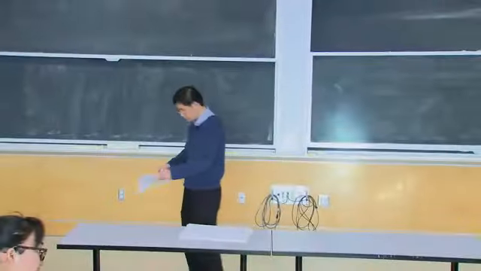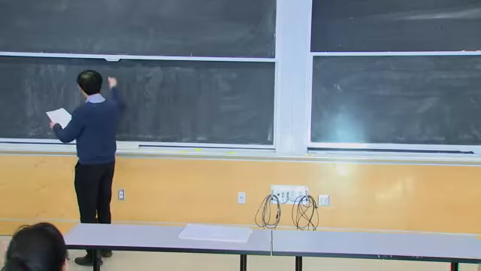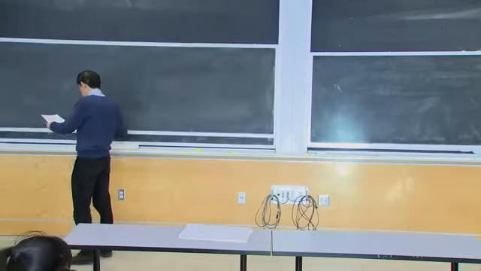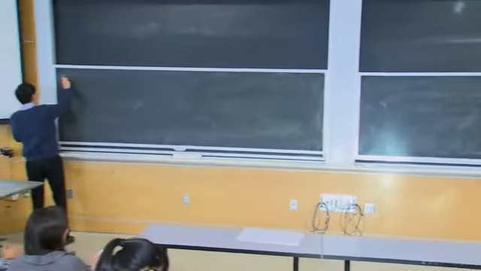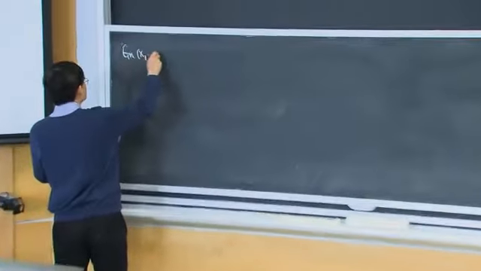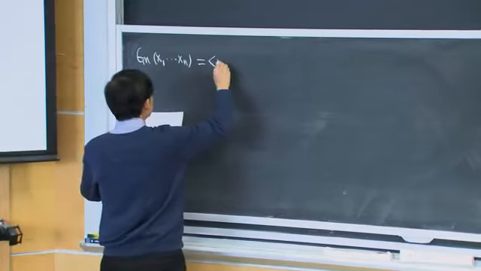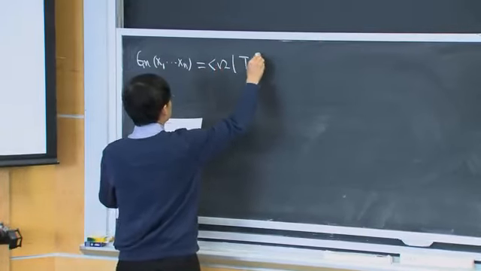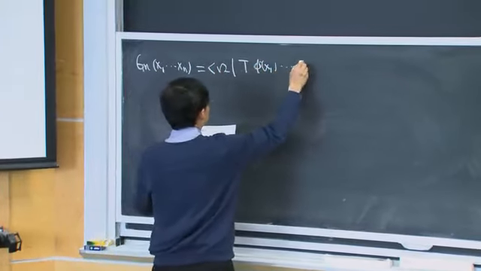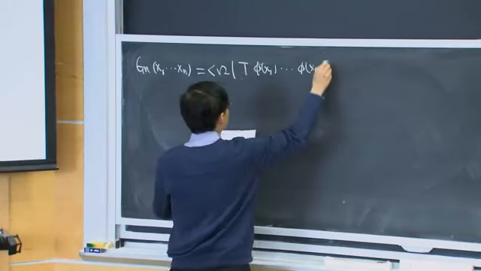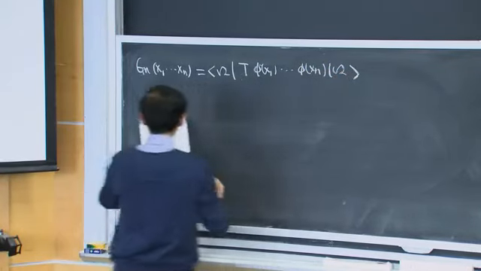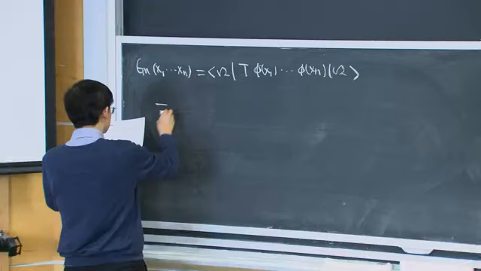So again, let us first recall, say if we want to calculate the n-point function in the interacting theory, this is given by the following ratio in the free theory.